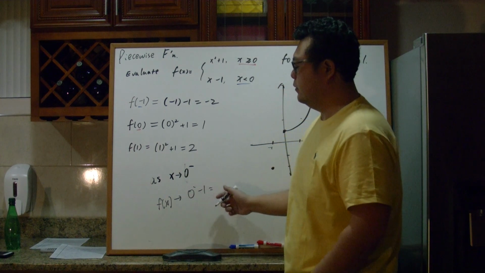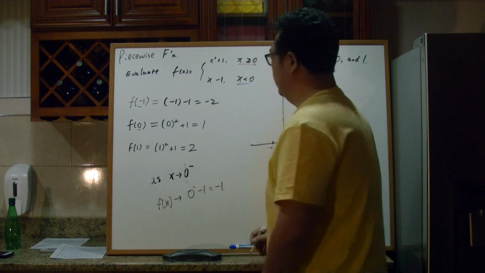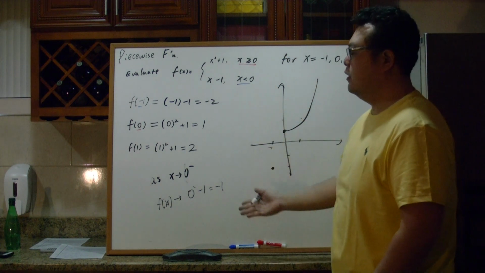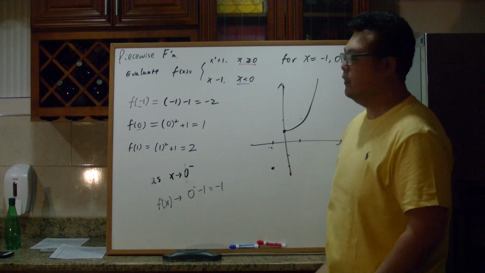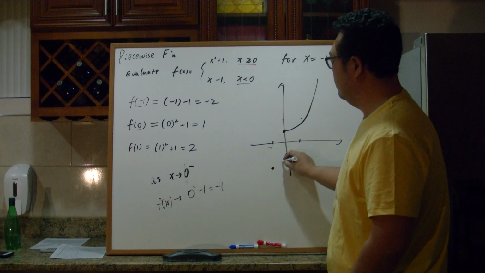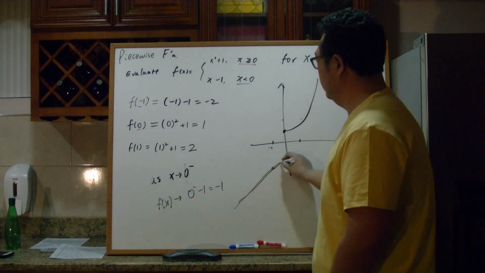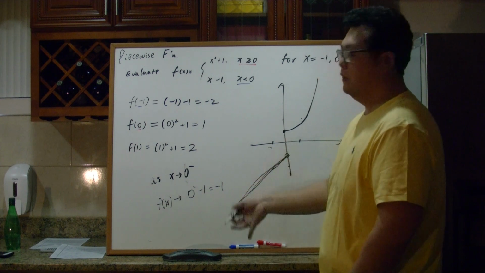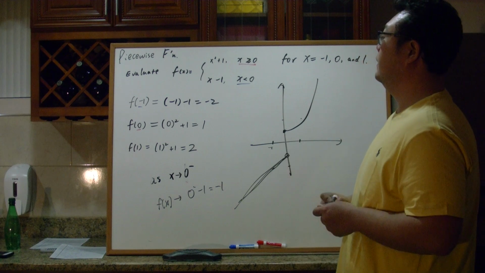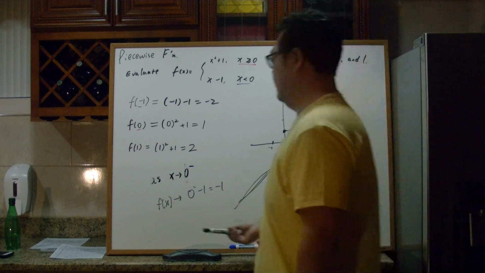That is still 0 minus 1, it's -1. So when x is a little smaller than 0, f of x approaches the value -1. So -1 is a hole, and that is a line. So that is the sketch of f of x in this case.